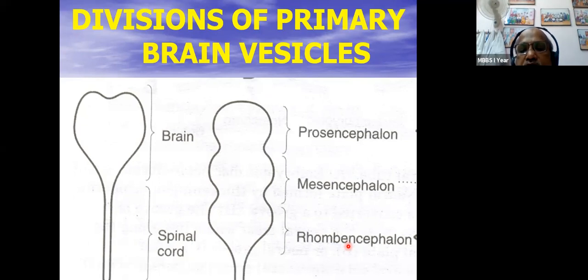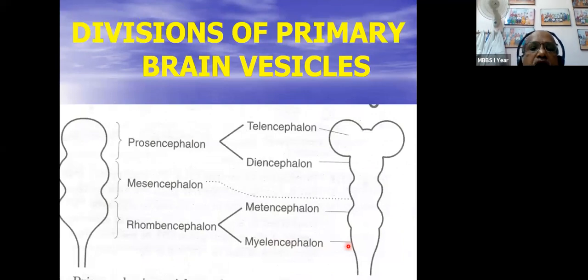Prosencephalon, mesencephalon and rhombencephalon are the three different parts of the brain vesicles before the final formation of our different parts of the brain. Now you see what happens to the prosencephalon. From the prosencephalon, we have two lateral outgrowths.